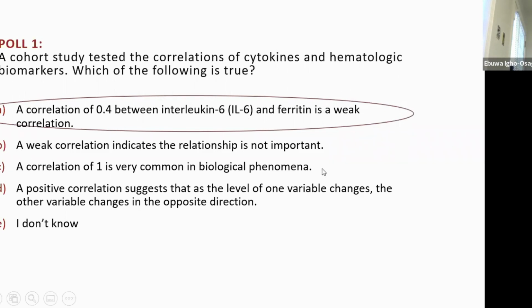And the remaining percent did not either get the answer or they chose B. Can someone who chose B tell us why they chose B? If you raise your hand, type it in the chat.